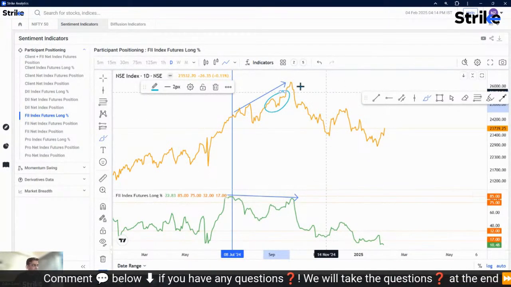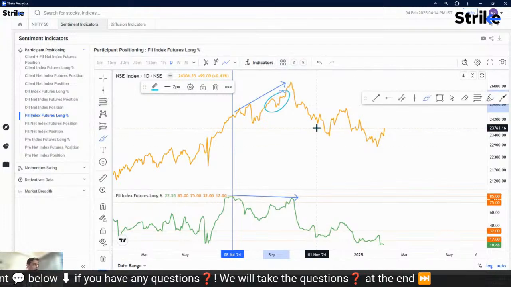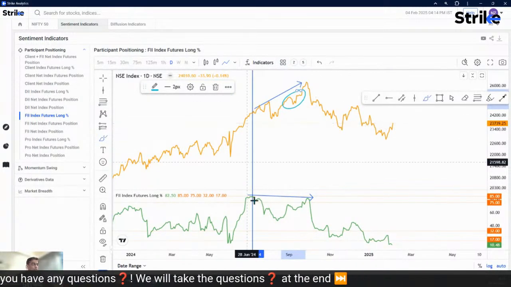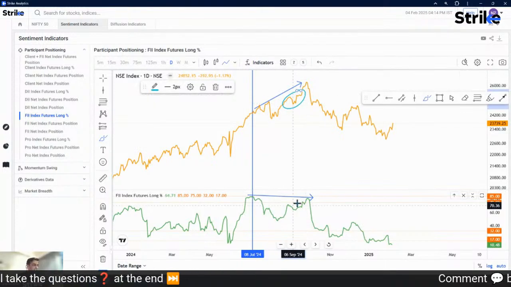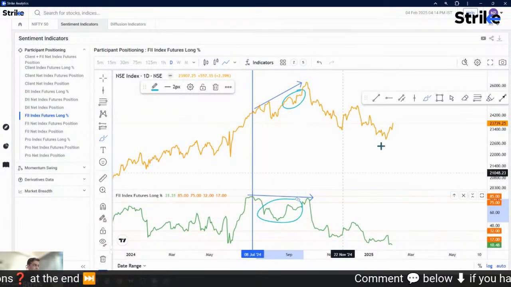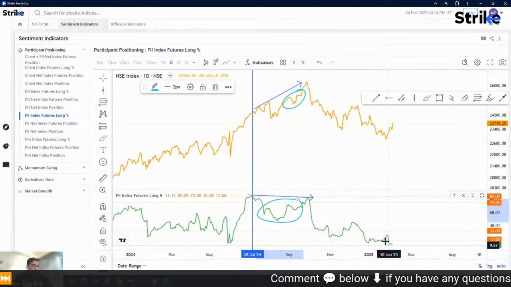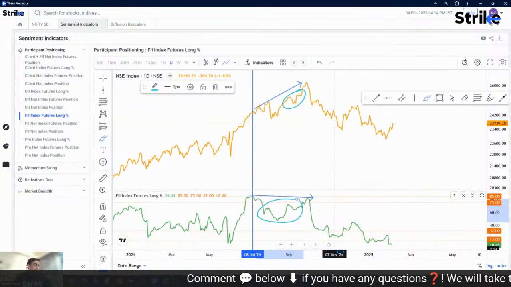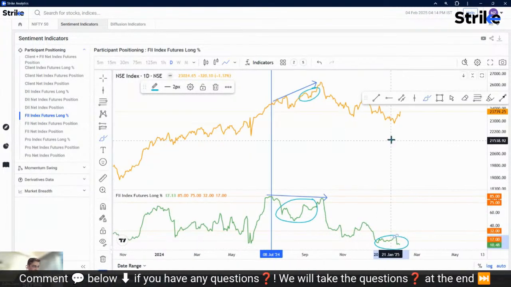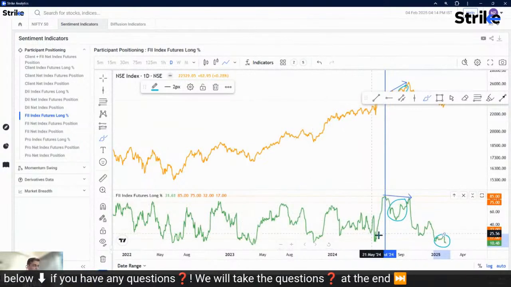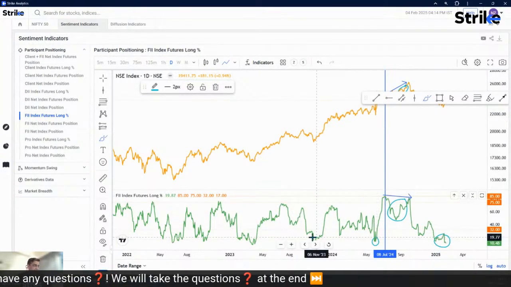So as an investor, instead of entering into fresh positions at these levels, we can wait for this particular FII index futures long percentage to come down to these levels. Let it come down to extreme low levels like these.